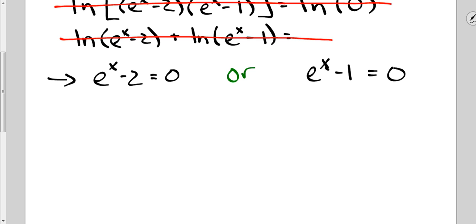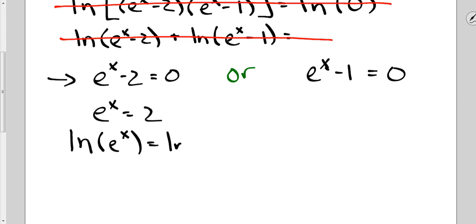Let's add 2. e to the x equals 2. Now what? Now we natural log, right, Logan? Natural log of e to the x equals natural log of 2. The natural log of e to the x, inverse functions give me x. Natural log of 2 gets me 0.6931. Thank you with the calculator, Kane.